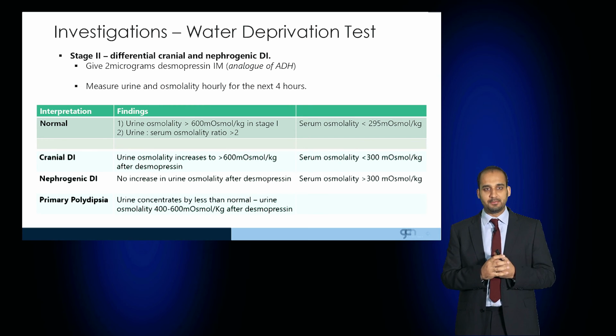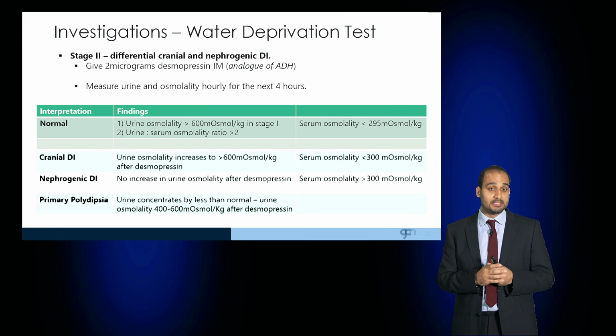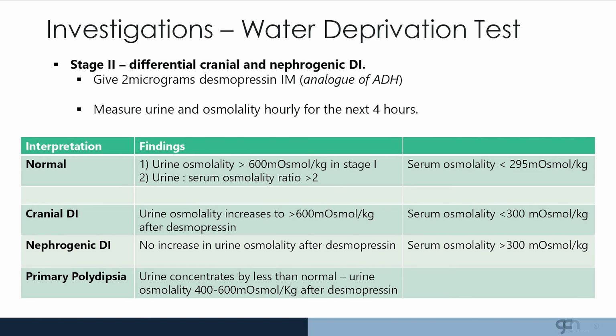In cranial diabetes insipidus, the urine osmolality would increase, because in cranial diabetes insipidus, there's a deficiency of this hormone, which is being exogenously administered, and so has been corrected. In nephrogenic diabetes, irrespective of the exogenous administration, there's no increase in urine osmolality.